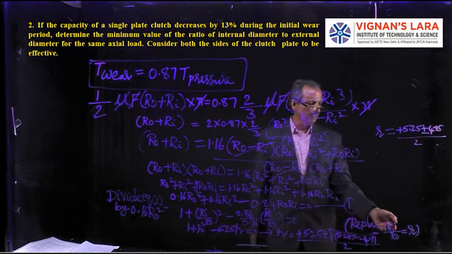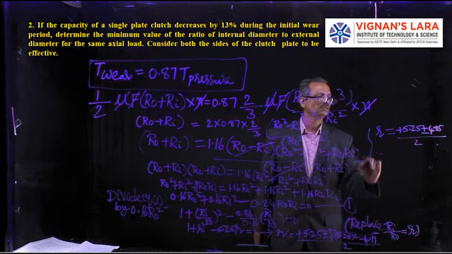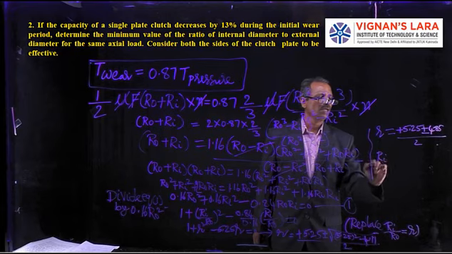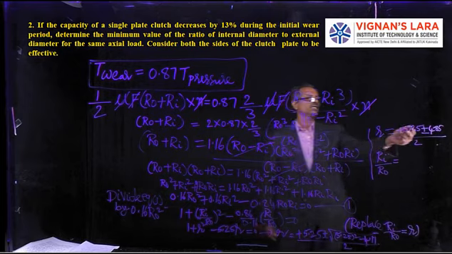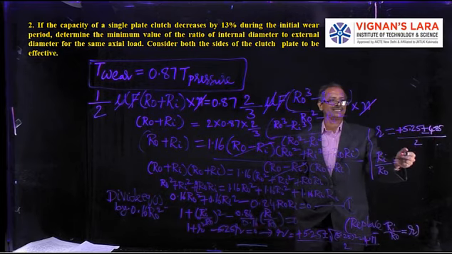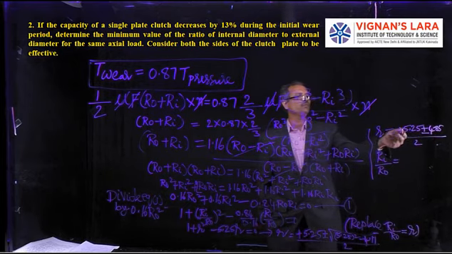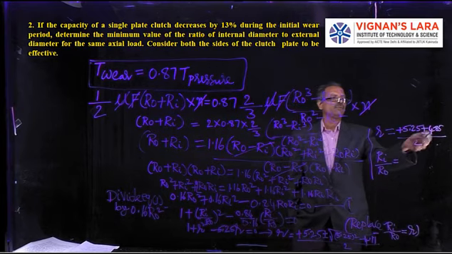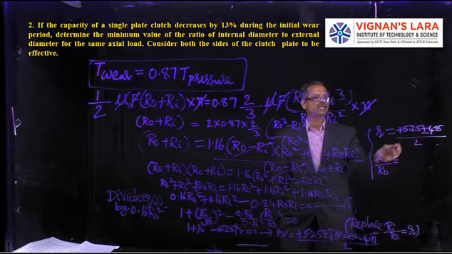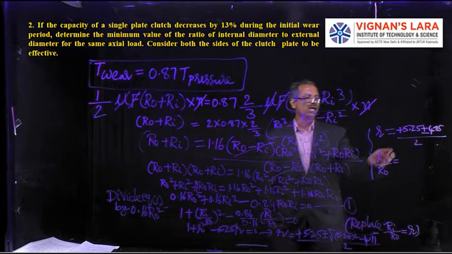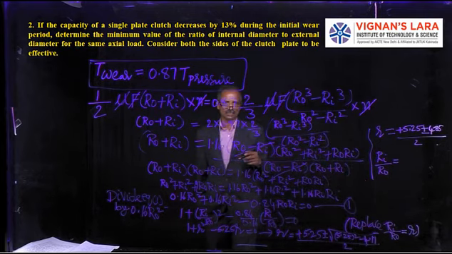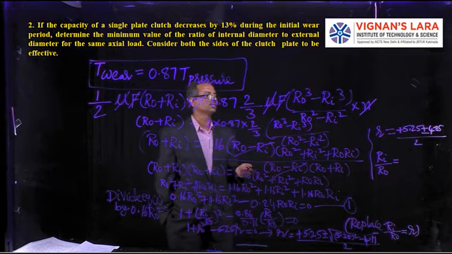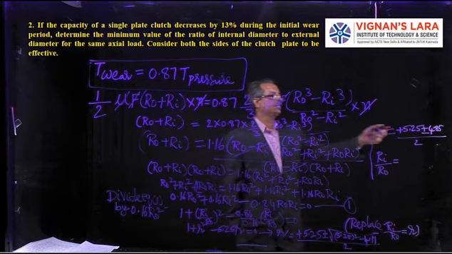So what is my r? My r is nothing but Ri by R naught. Suppose I take the 4.85 as a plus, then what does it give? 5 plus 5, let us say 10. 10 by 2, 5. That means Ri by R naught is 5. So it never happens, because the inner radius is never greater than the outer radius. That is why we should not take this as a plus.